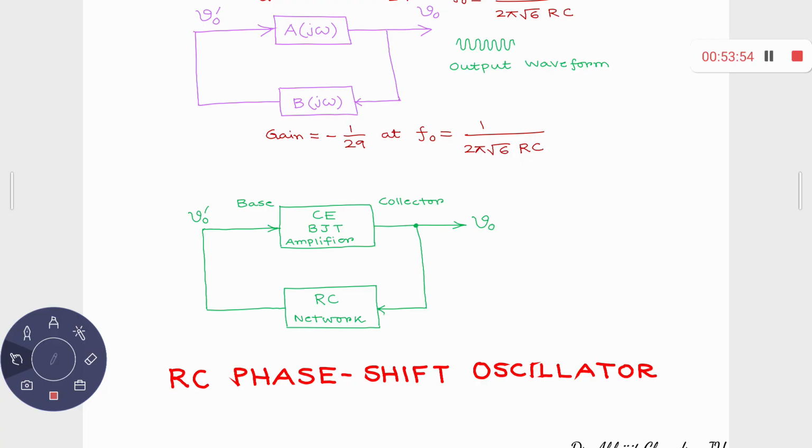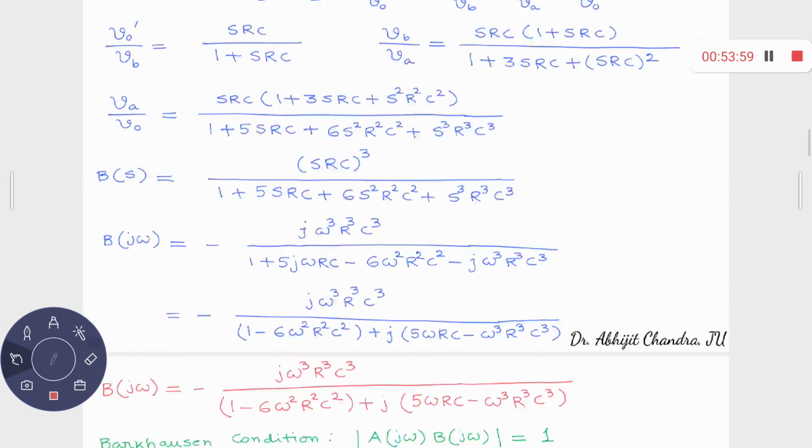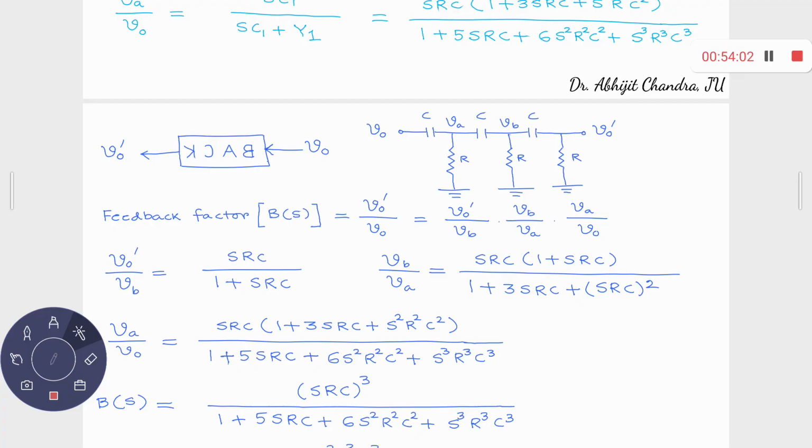You can check it; you have already calculated this one: V0 dash by VB, VB by VA, and then VA by V0. If you just plug in that value, omega RC equal to 1 by root 6, then you will see that each of these stages, V0 dash by VB, VB by VA, and VA by V0, will provide a phase shift of 60 degrees.